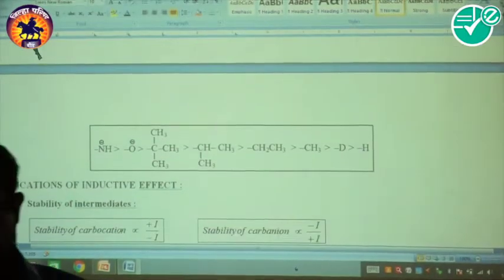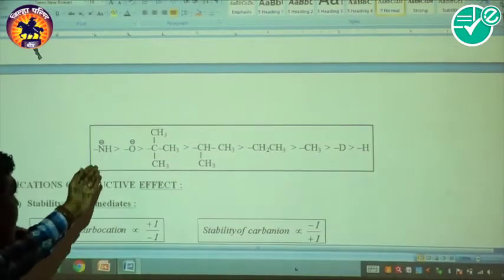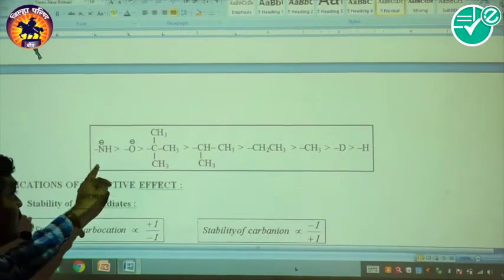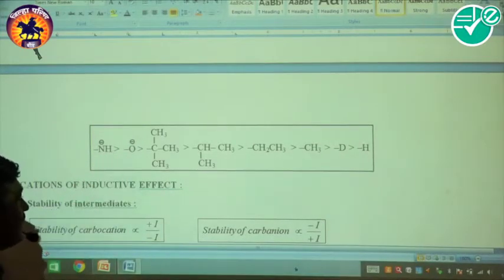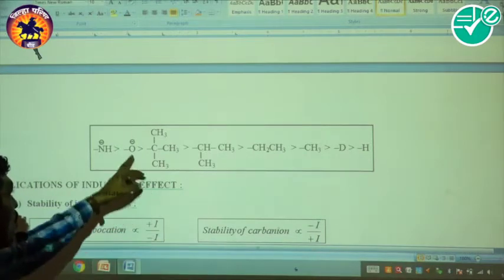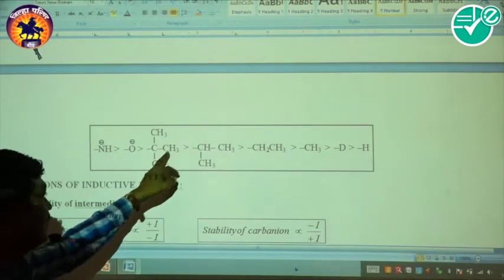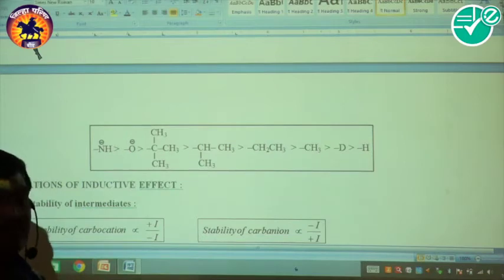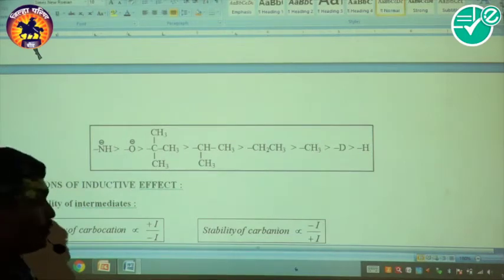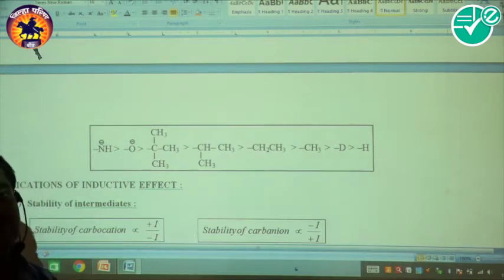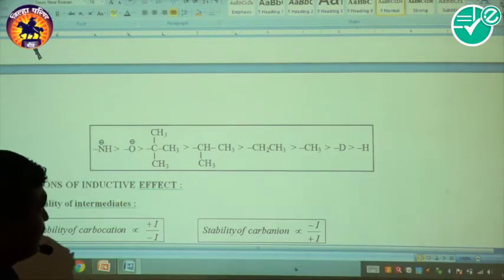Look at here this one, NH minus is the group which has the tendency to push away the electron density. O minus also has the tendency to push away the electron density. This is an alkyl group. If one alkyl group is there, and if two alkyl groups are there, two alkyl groups have more tendency to push the electron density away.